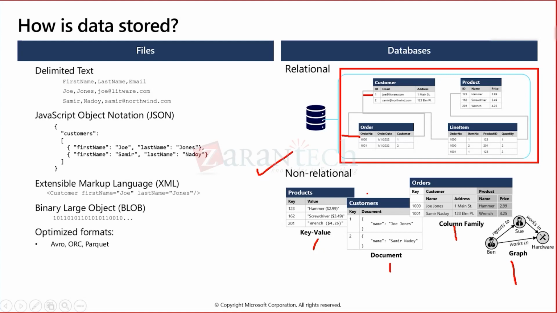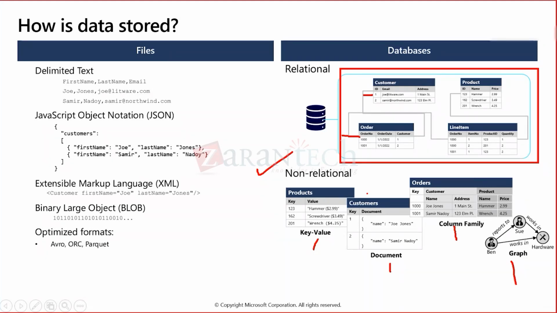In a key value database, each record consists of a unique key and an associated value, which can be in any format. Document databases are a specific form of key value database in which the value is a JSON document. Column family databases store tabular data comprising rows and columns, but you can divide the columns into groups known as column families. That is also very popular.